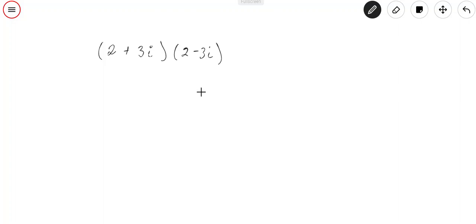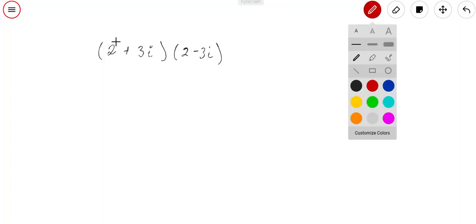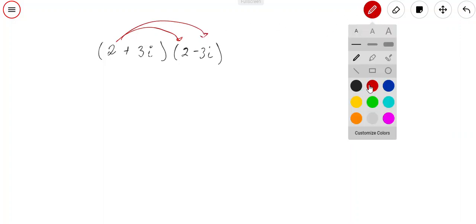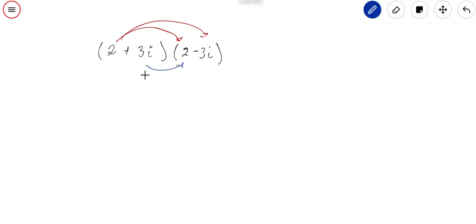So when I multiply 2 plus 3i with 2 minus 3i, if I use the distributive property here, that means I FOIL this, I will get now 2 times 2, 4, 2 times negative 3i, negative 6i, 3i times 2, positive 6i, 3i times negative 3i, negative 9i squared.